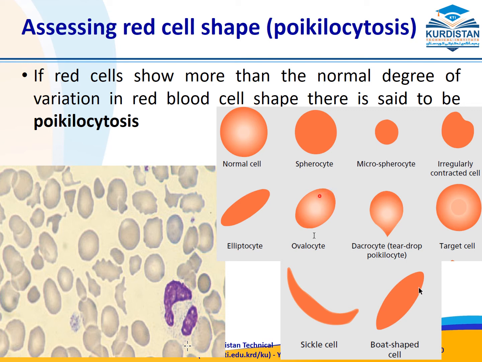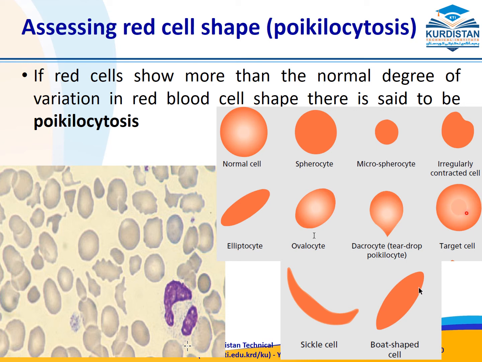So that's why it is called ovalocytes. Sometimes you might see cells which look like teardrops. So they are dacrocytes. And sometimes you might see cells which have a target-like shape, and when they have such a shape, they can be defined as a target cell.